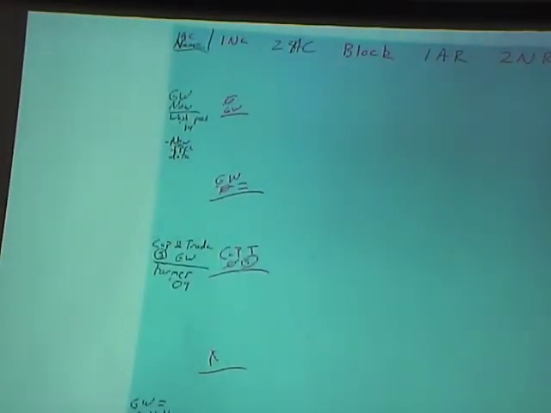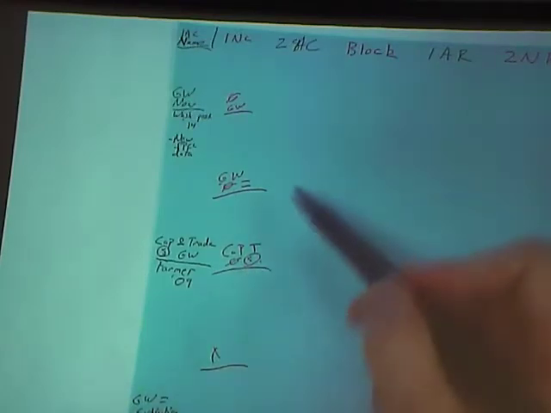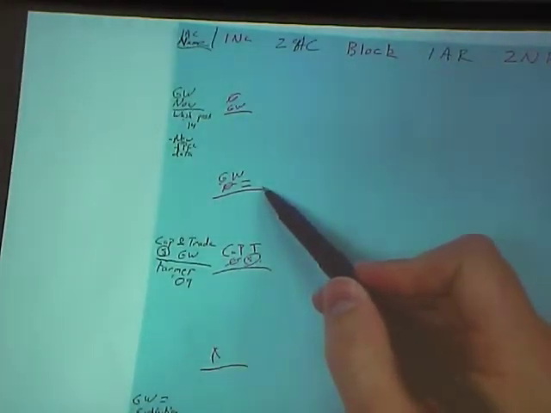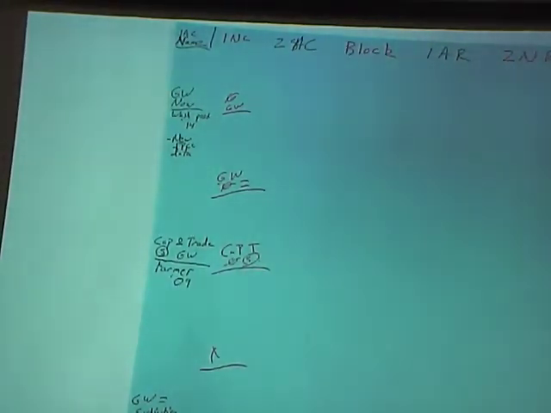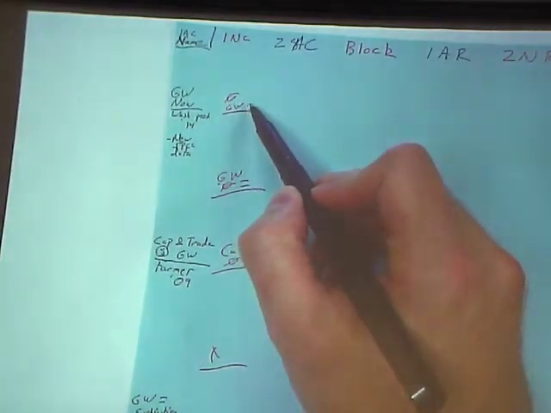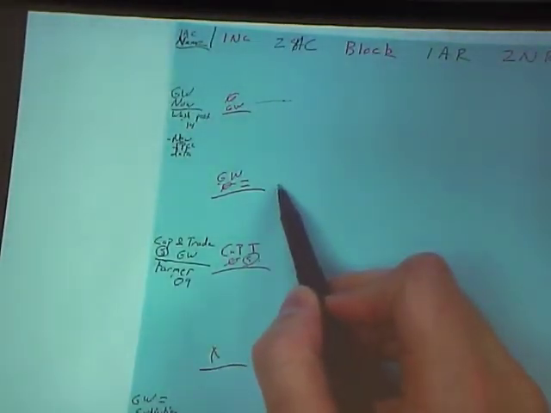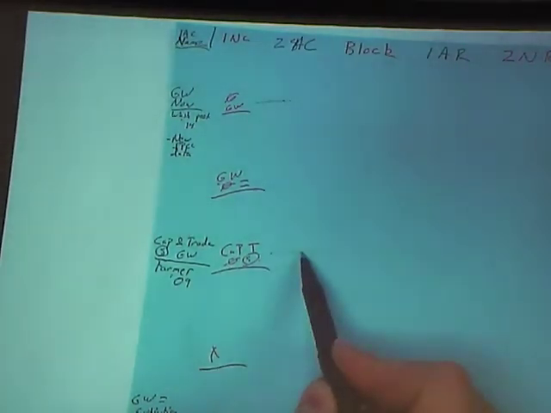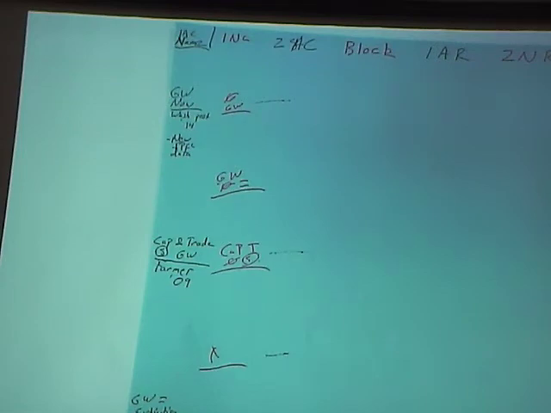That would dictate the order that the 2AC answers them. So even though there is a solvency or link argument right here that comes after an impact card, that doesn't mean you talk about it in 1AC order. Instead, you will talk about it in 1NC order. So you'd first answer no global warming, then global warming doesn't equal extinction, then you'd answer cap and trade can solve, then you'd answer this argument.